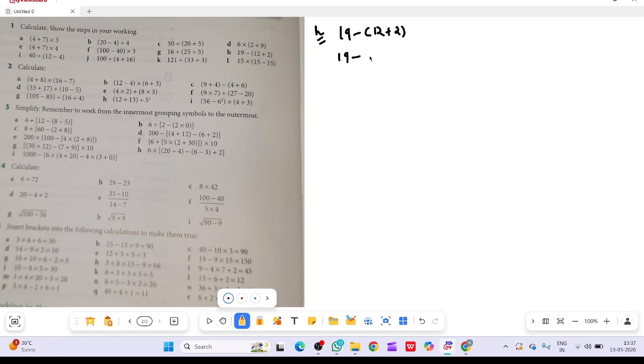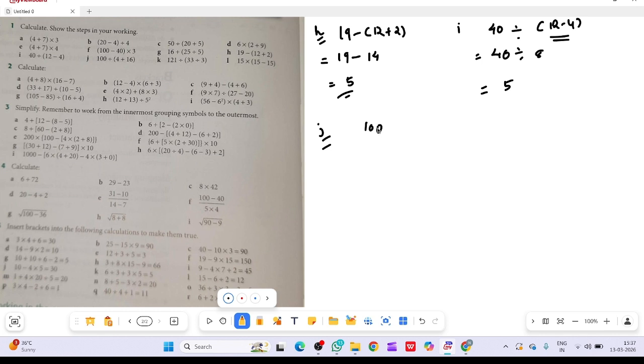So 19 minus 14, which is equal to 5. i: 40 divided by 12 minus 4. So 12 minus 4 is 8, and 40 divided by 8 is 5.